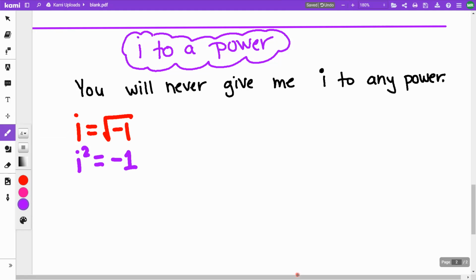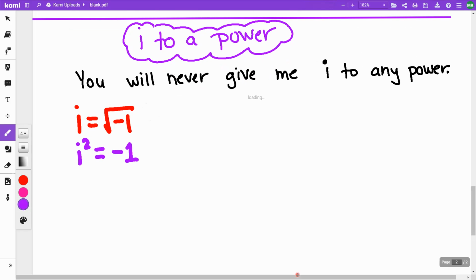So instead of an i squared, we saw the other day that you would give it to me as a -1. Well, what would happen if I times this one by i and this one by i? I would get i to the third is equal to -1 times i, which is -i.